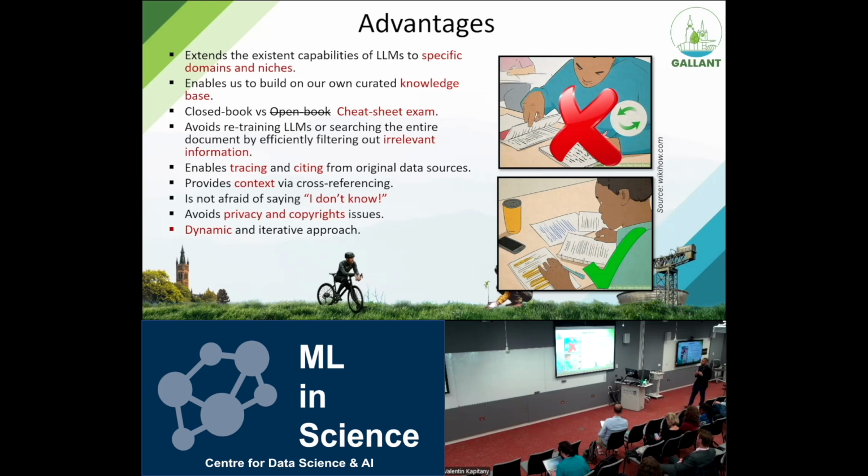RAG also circumvents privacy and copyright issues. And finally, it's a dynamic and iterative approach, allowing for a more flexible framework.